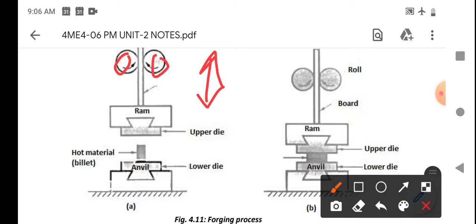In the bottom part, an anvil is connected with a die, the anvil has a lower die, and a workpiece is settled on that anvil. When the up and down operation is performed, the metal plastically deforms and takes the shape given by the die, as you see in figure two.